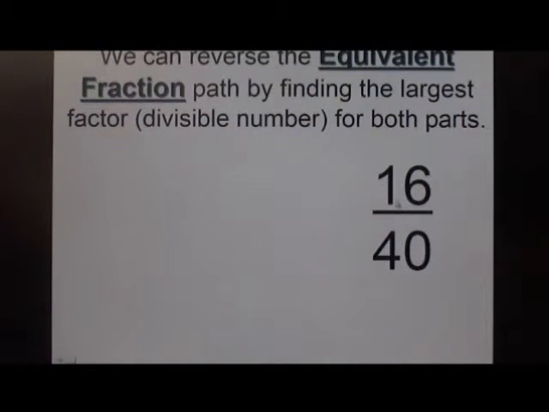Well, you can't go on forever when you're getting smaller. There'll be that final resting place, so to speak, that end of the path that will be the simplest, lowest, reduced form of the fraction.